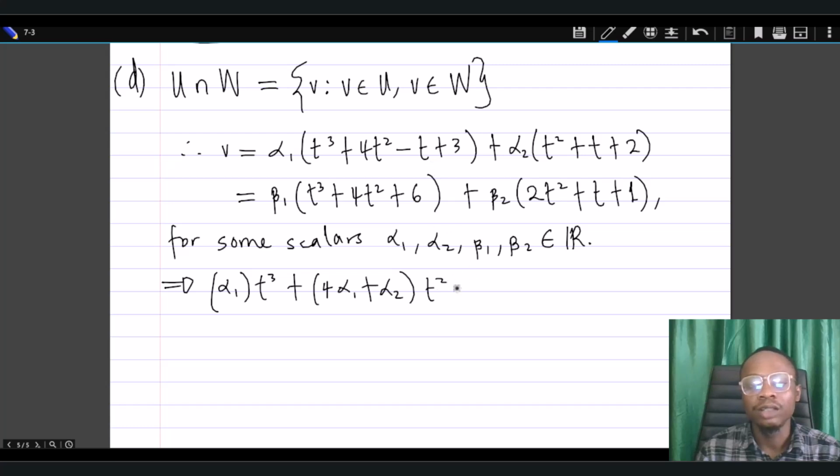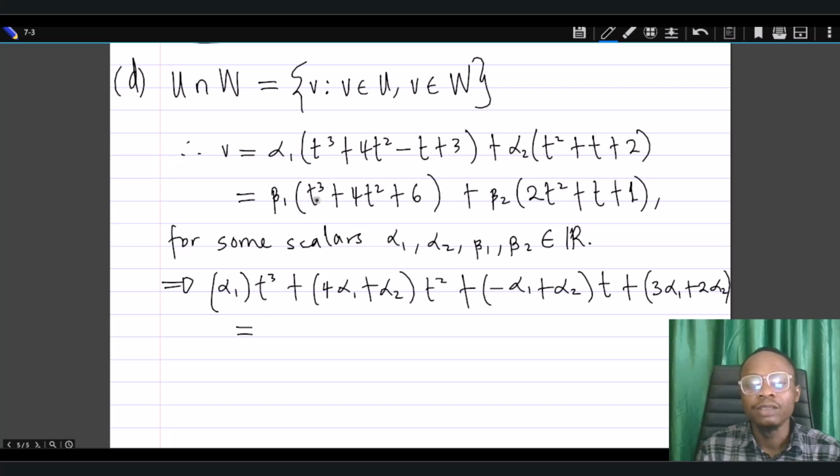Then the coefficient of t is minus alpha 1 plus alpha 2, so that is t. Then the constant is 3 alpha 1 plus 2 alpha 2. Yep, we're good.